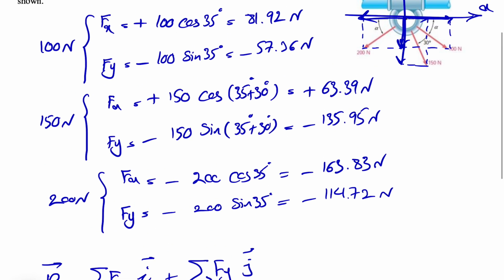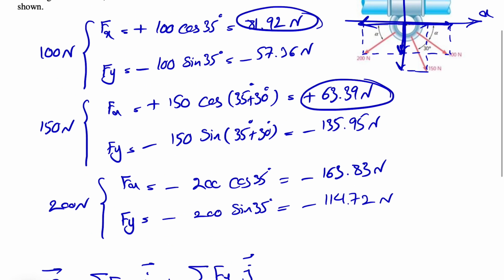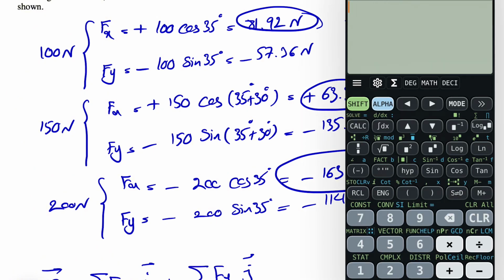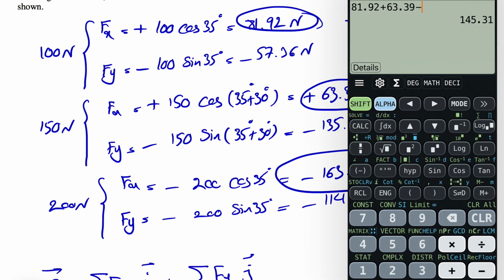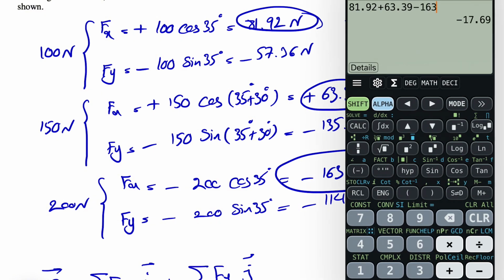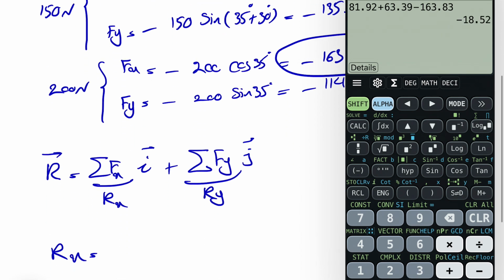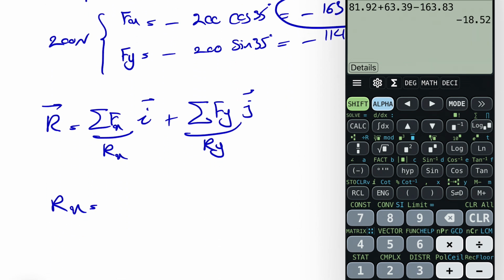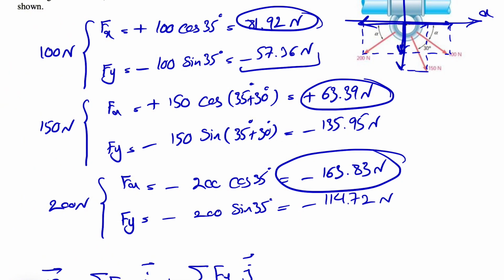We have the x component of each, this one plus this one plus this: 81.92 plus 63.39 minus 163.83. So our x component, Rx, would be minus 18.52 Newton.